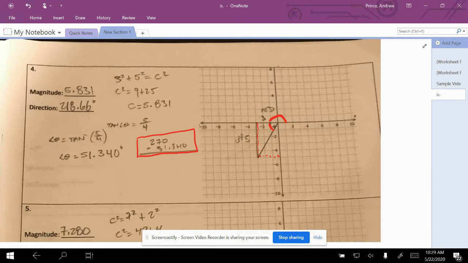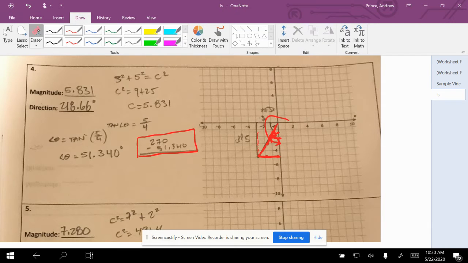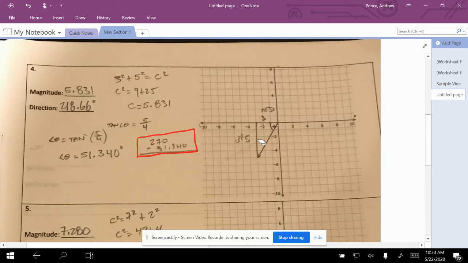Or do it the way that you did it, but you got to find a different number that way. So if you found this angle here, you could have done what you did and said, okay, from here to here's 270, and then I'm going to subtract what I found, and then that'll give me back to here. So either way, the math looks like it could work just depending on how you solve it.